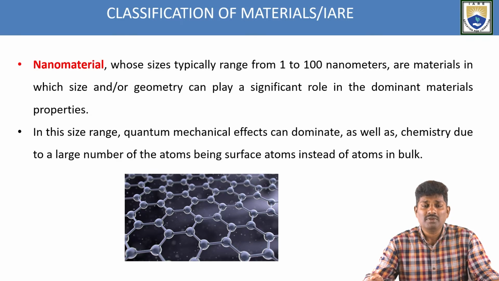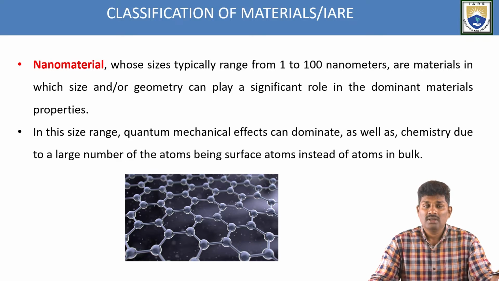And the other type of materials is the nanomaterials. These nanomaterials typically have a size from 1 to 100 nanometers, and in size and geometry they can play a significant role in the dominant material properties. Nano means 10 power minus 9.